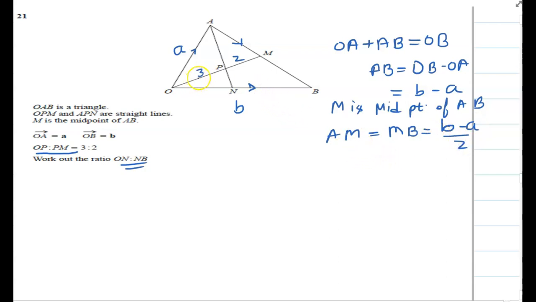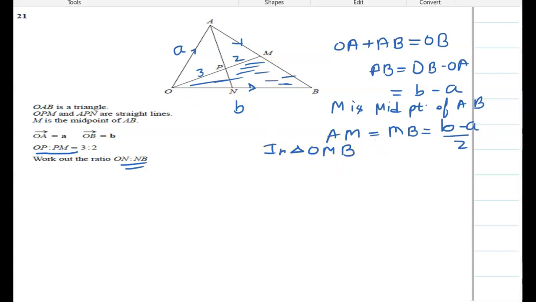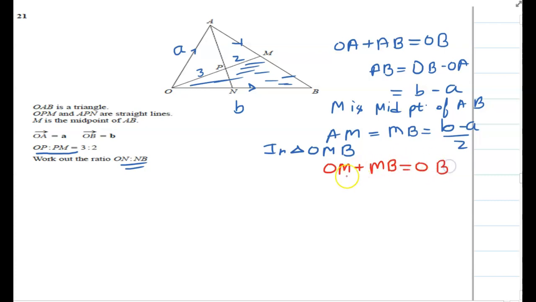Let's take this triangle OMB. So in triangle OMB, OM plus MB equals OB.